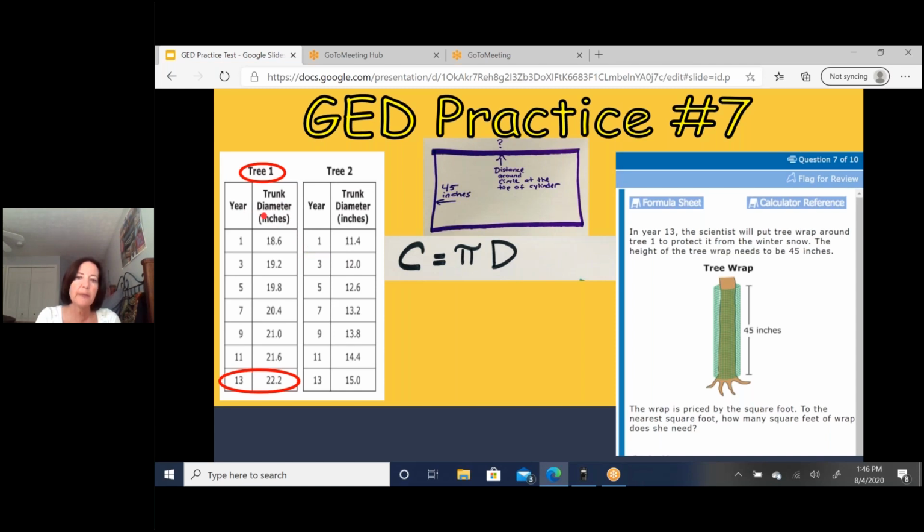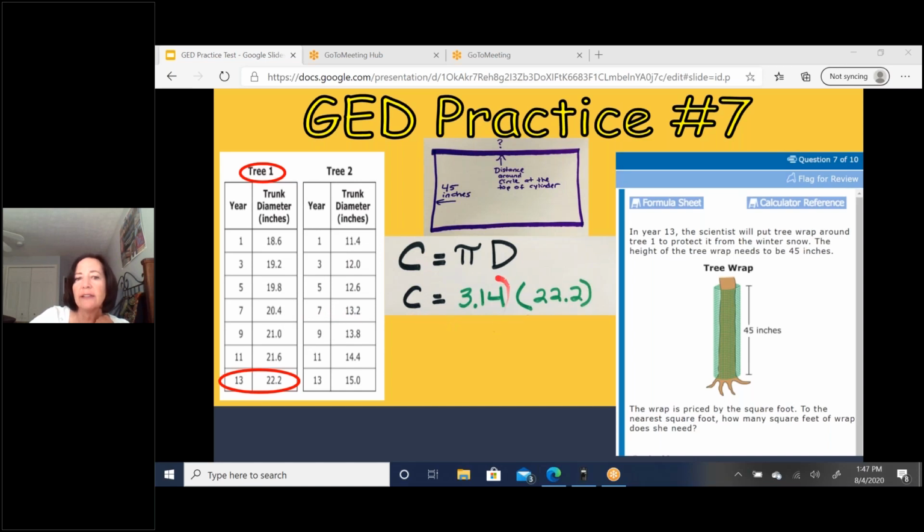So they're giving us diameter, so we want to use that formula. If they had given us the radius, we would have used the other formula. So now we're just substituting. And remember, we're looking at tree 1. And tree 1 had a trunk diameter of 22.2 inches.